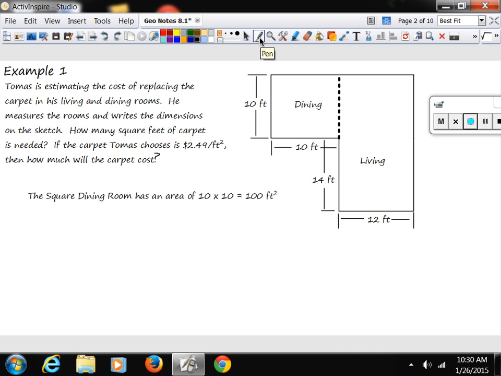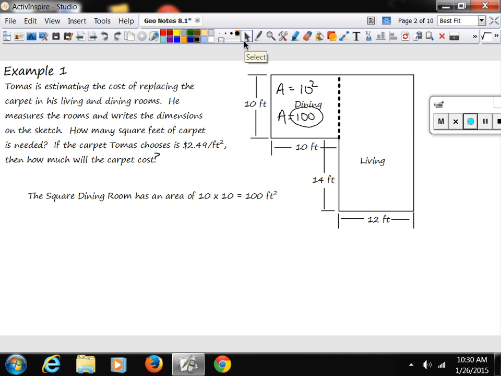So the area here, which is inside the picture, I would put 10 squared, so my area would be 100. And I might circle that inside of that shape so I know that that's the area just of that shape, because I want to put all of them together. So the square dining room has an area of 100.